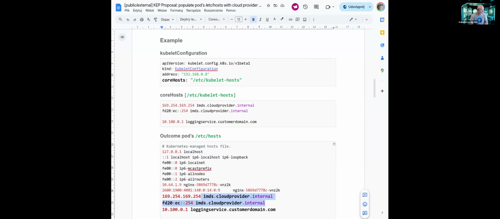The only question I have is that we've always done ResolveConf this way. If we suddenly start doing etc hosts this way, does it present a problem for people who aren't expecting it? Do we need to make this strictly opt-in?